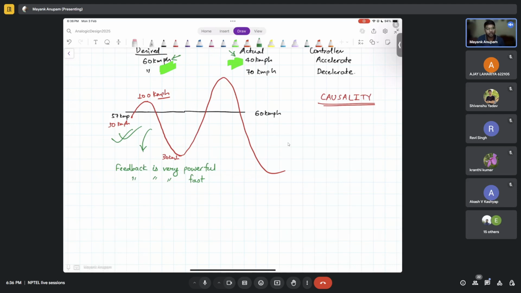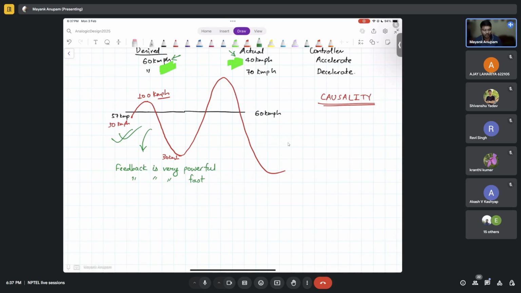If the loop is still very fast, as in the case without any delay, the loop can go very close to instability. It can become unstable also. So it all depends upon how much delay you have, and with respect to that you will decide what speed you can target for this particular loop, isn't it?